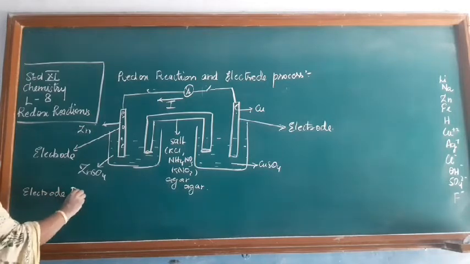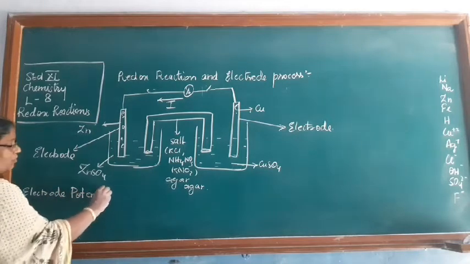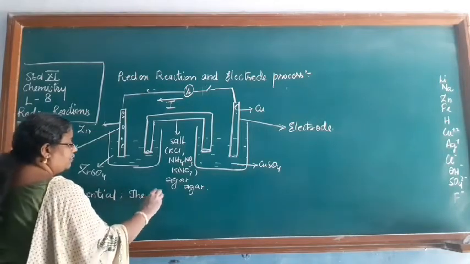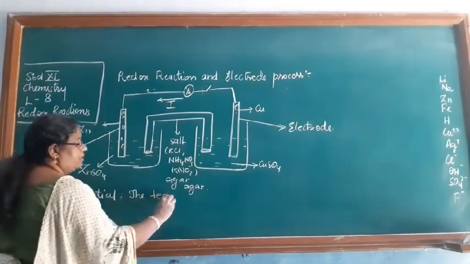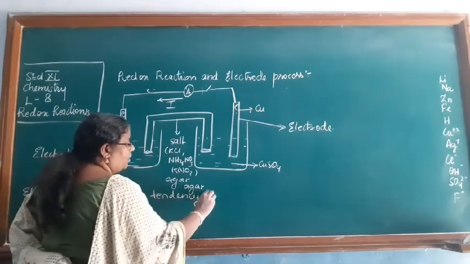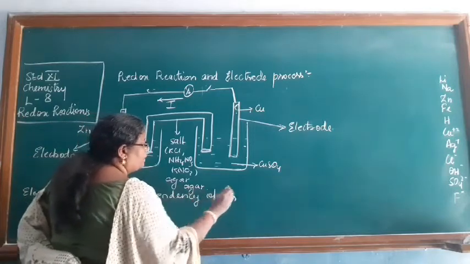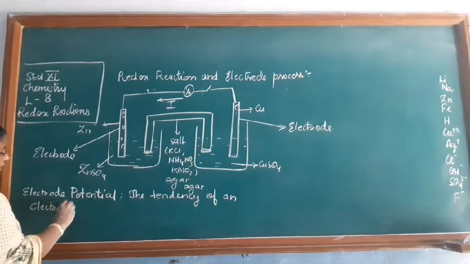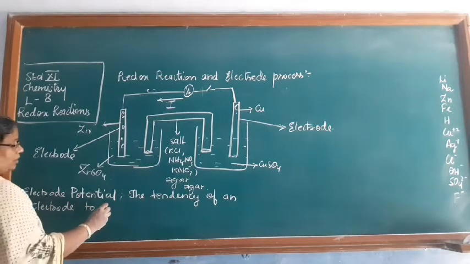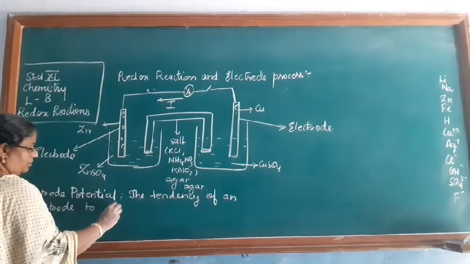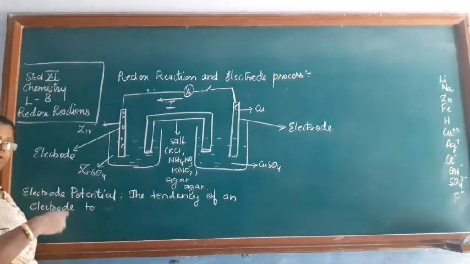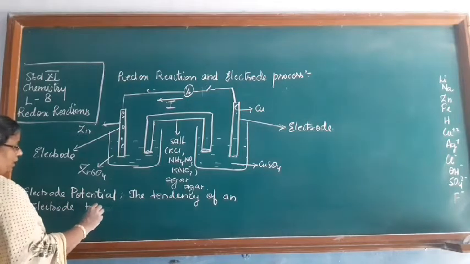Electrode potential is the tendency of an electrode to lose electrons or to undergo oxidation or to undergo reduction, okay.